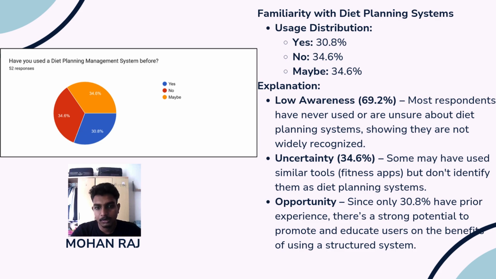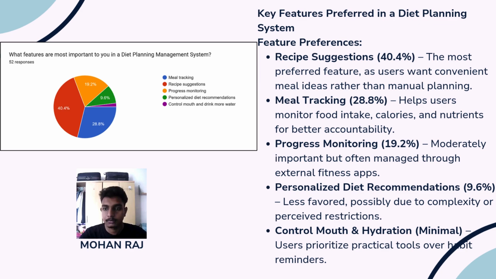And 34.6% are uncertain. Some may have used similar tools like fitness apps, but don't identify them as a diet planning system. Since only 30.8% have prior experience, there's a strong potential to promote and educate users on the benefits of using a structured system.